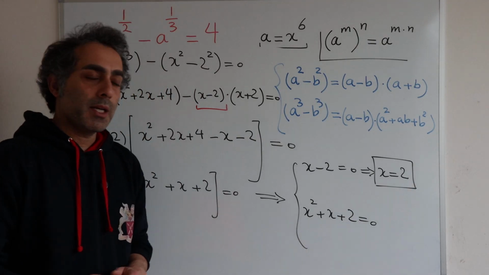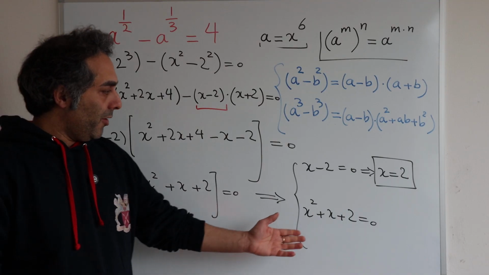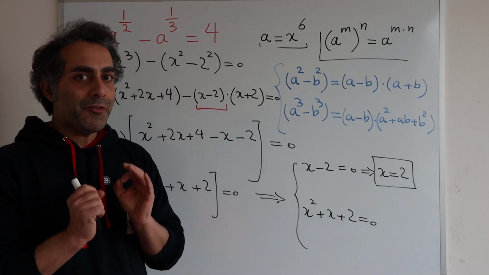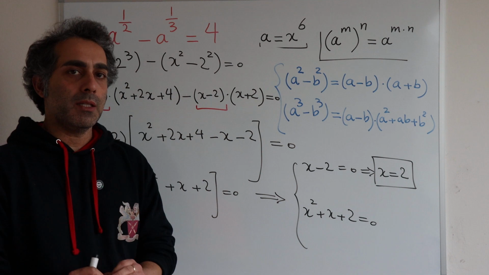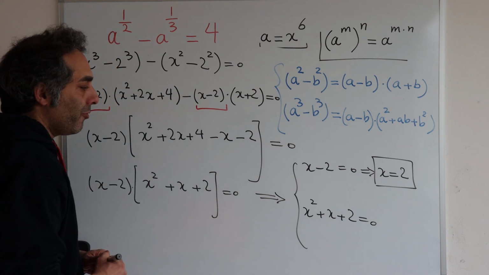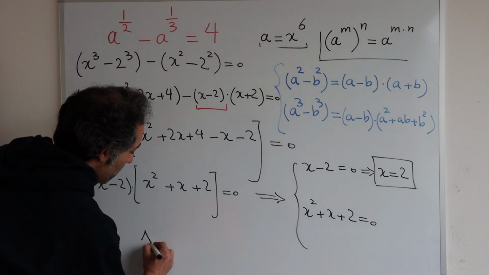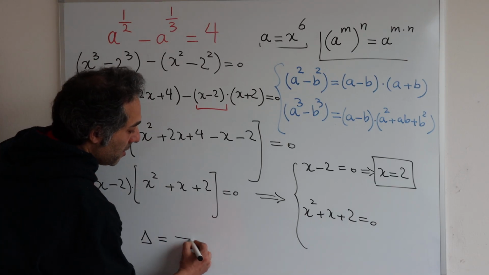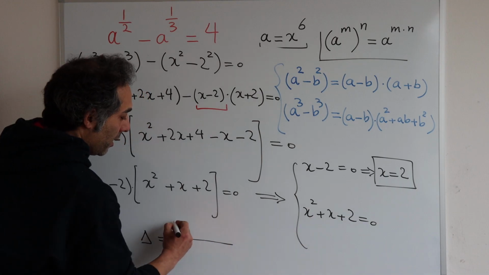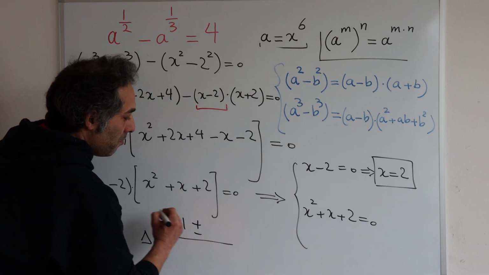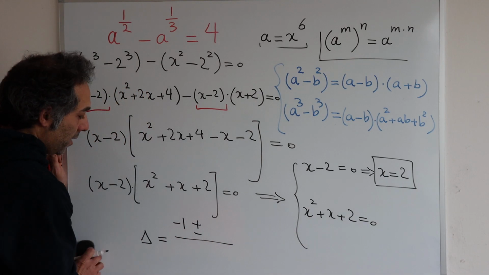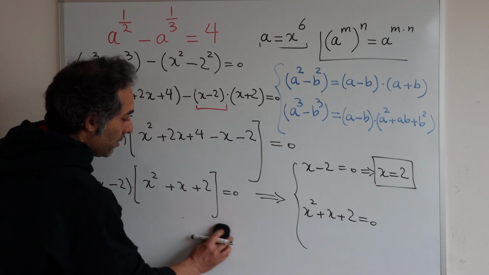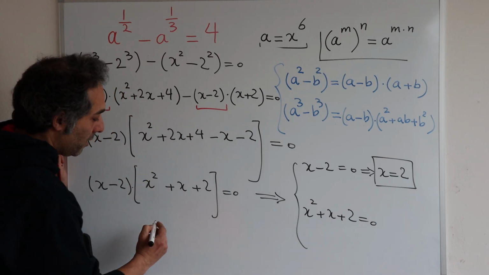But for the second one, if you want to solve it, you have to use the delta formula. For the delta formula, I just write it here. x equals minus b plus or minus the square root of delta. I can first write just delta.